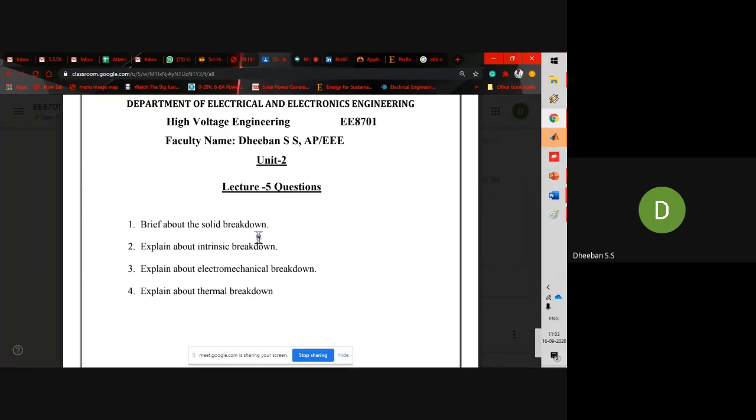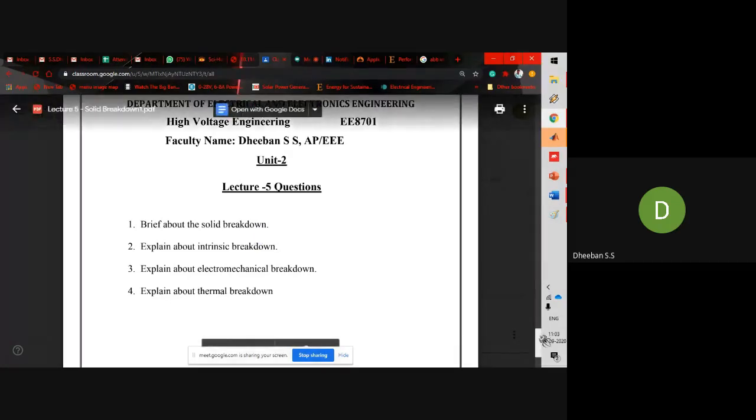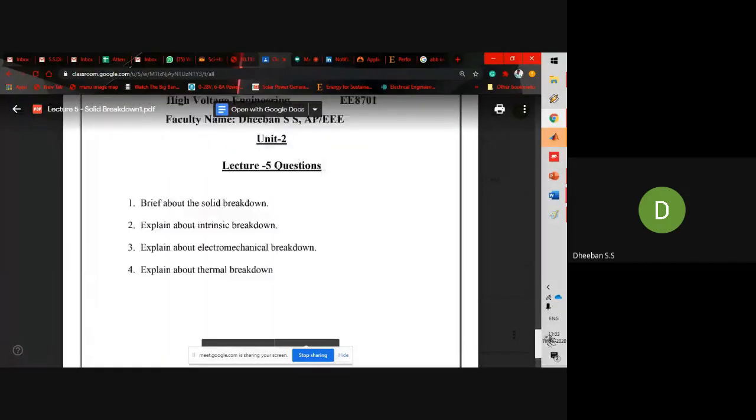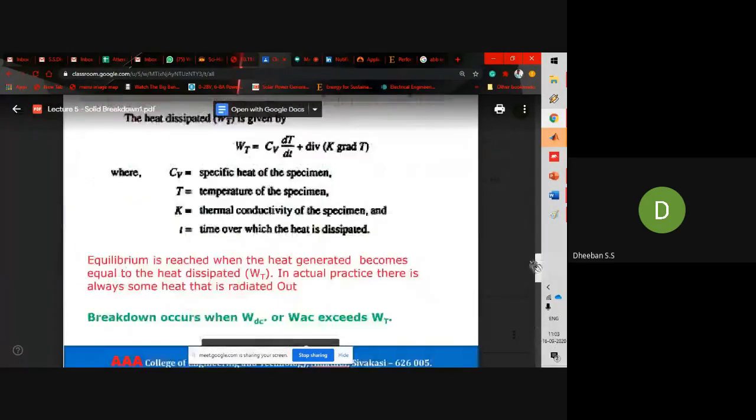Intrinsic breakdown they might be asking. Electrochemical, the very important thing, is the tree tracking concept, followed by the thermal breakdown concept. So this is the important thing.